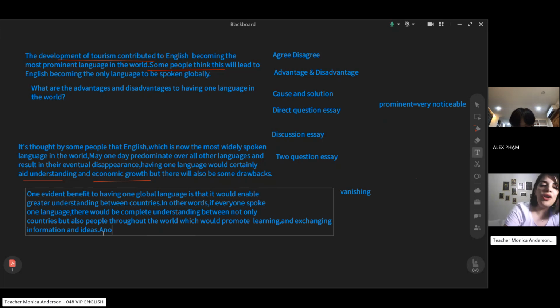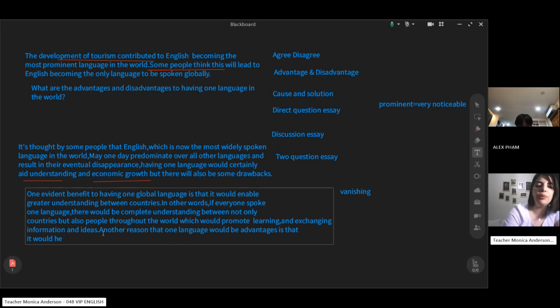So another reason that one language would be advantageous is that it would help or aid economic growth.